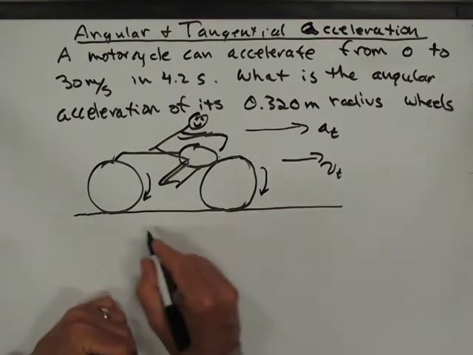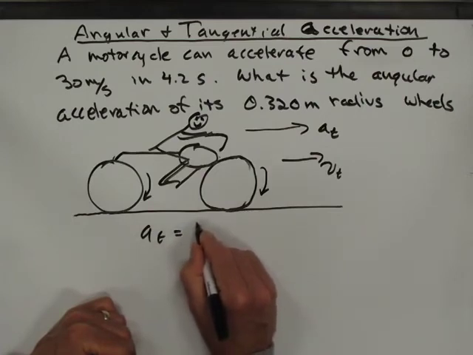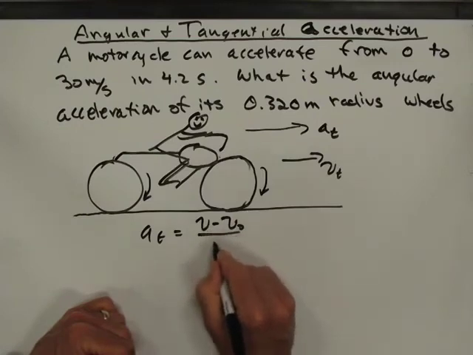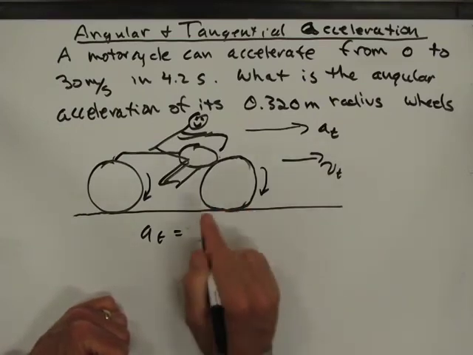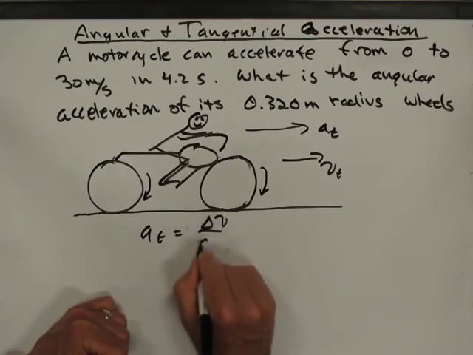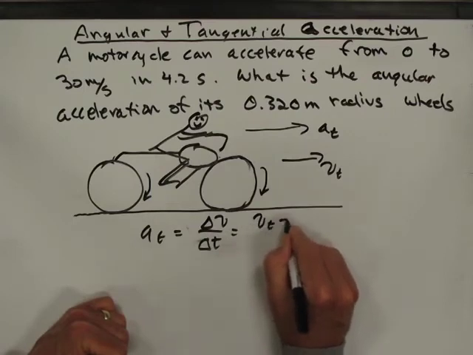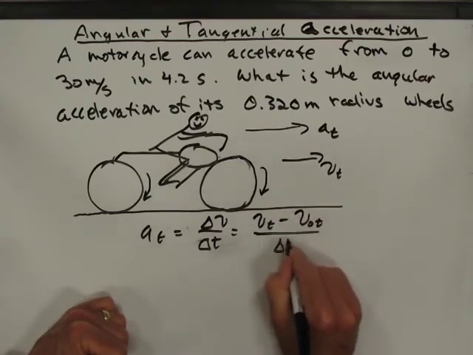And so this tells us that a tangential is equal to v minus v naught over delta t, right? Let me just write it this way. It's the change in velocity over the change in time, and that's equal to v tangential minus v naught tangential over delta t.